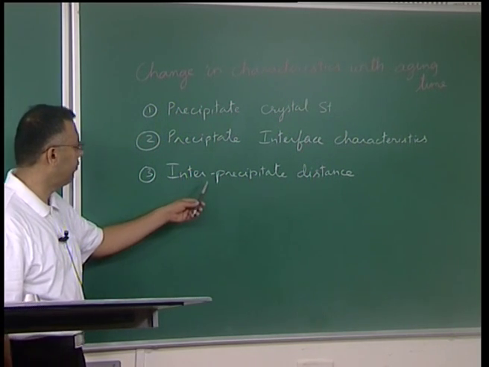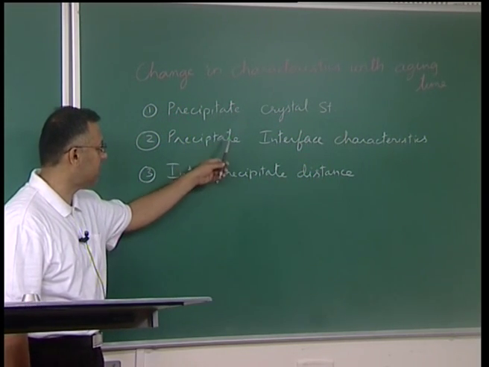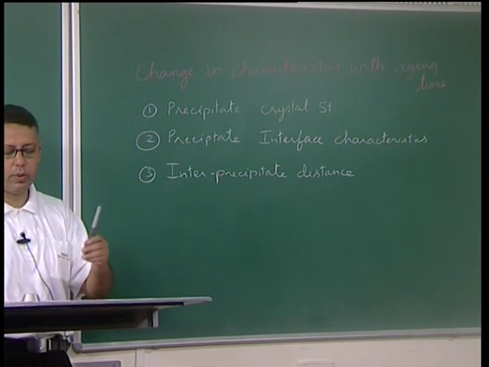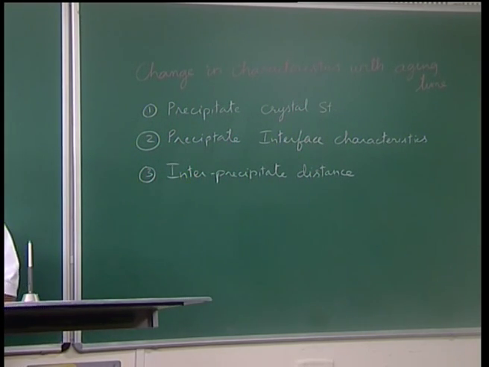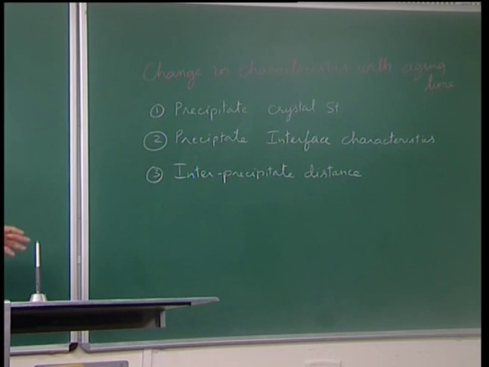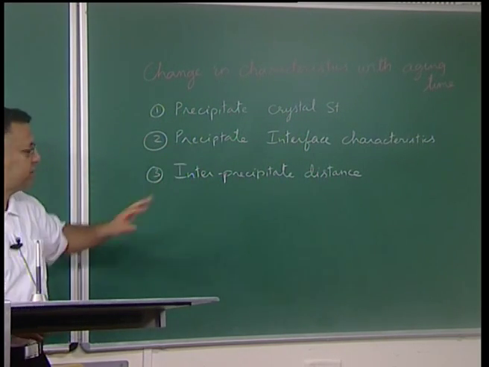Of course, what kind of precipitate, what is its crystal structure, all have to be read together, because the mechanism operative leading to weakening of the crystal is dependent on all these three characteristics which we have written here.